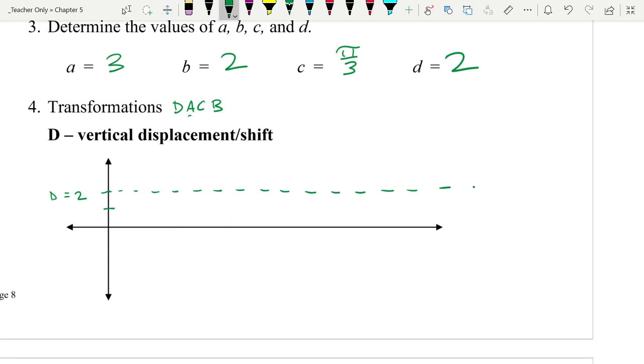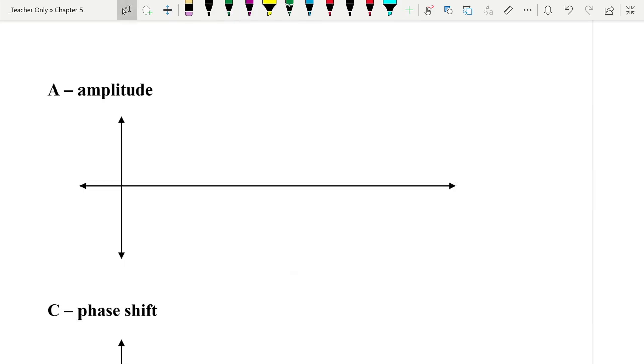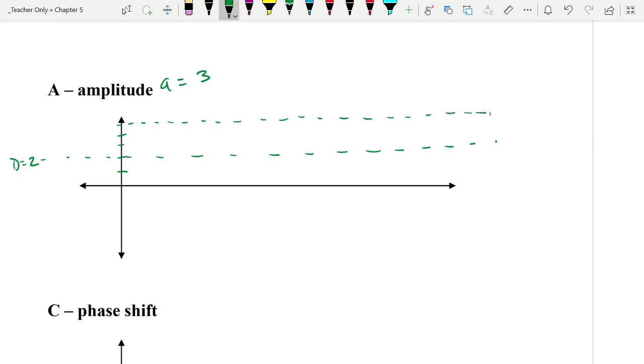Then, next I do A, amplitude. So starting with, again, my horizontal axis being along here. So this is my new axis. Amplitude is how high and low the peaks and valleys go from that horizontal line. So if A is 3, I have to go up 1, 2, 3, and this represents my maximum height. This is how tall the peaks are going to go, and they can't go any higher.